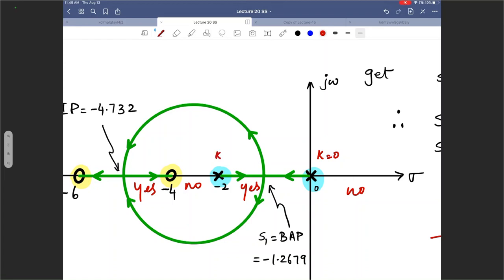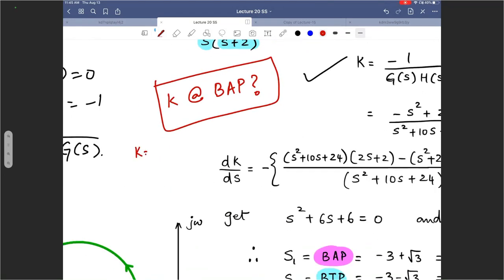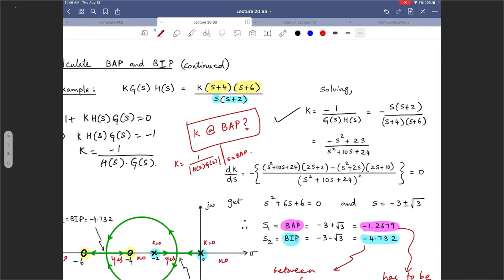As you increase k, it comes to the middle and breaks away. Right, the magnitude criteria is absolutely right. So k is simply 1 divided by the absolute value of h of s and g of s, and you evaluate that at s equals BAP. That's how you would get k.